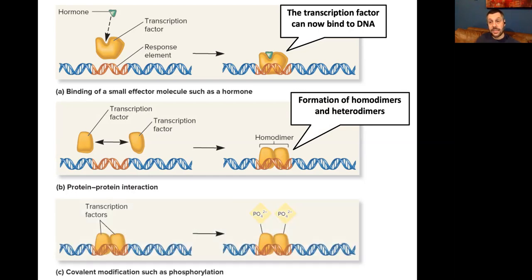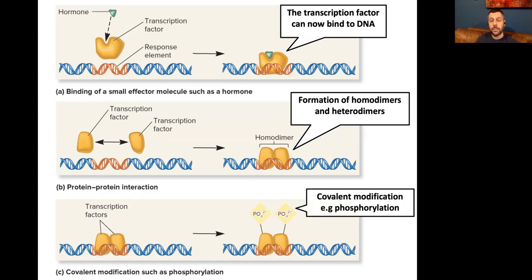The third case is a covalent modification. In this case, these transcription factors, this happens to be a dimer, are bound to DNA, but inactive until they become covalently modified, in this case, until phosphorylated. These are three general ways that transcription factors can be regulated.